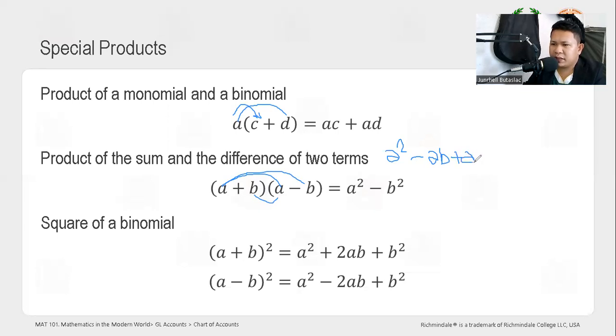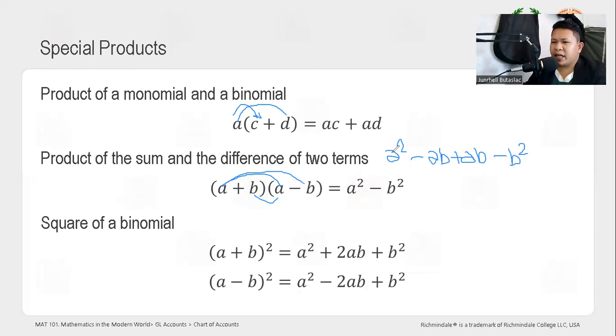Then b times negative b is negative b squared. Don't forget the rule of signs: positive times positive is positive, positive times negative is always negative, and negative times negative is positive.